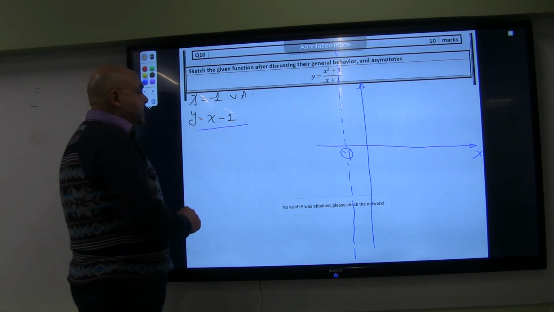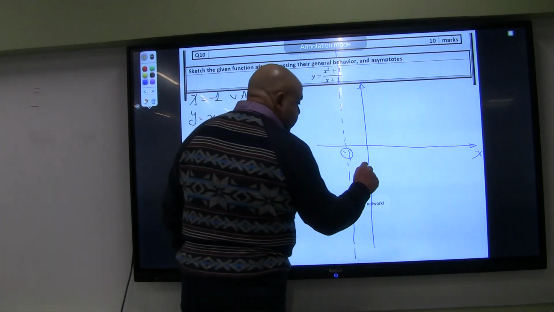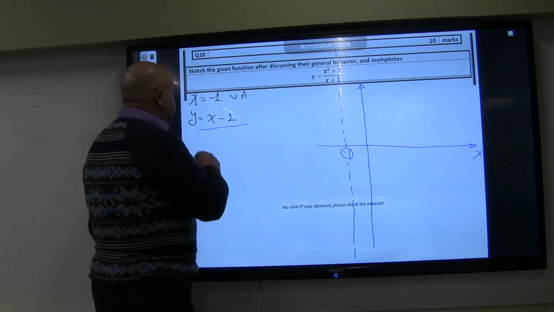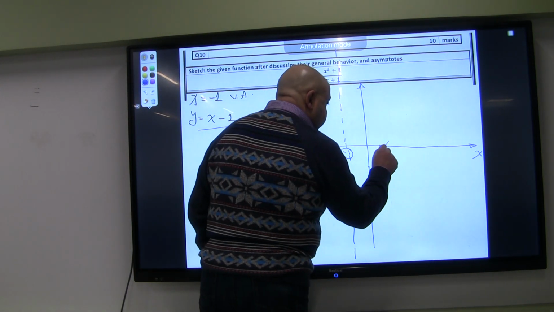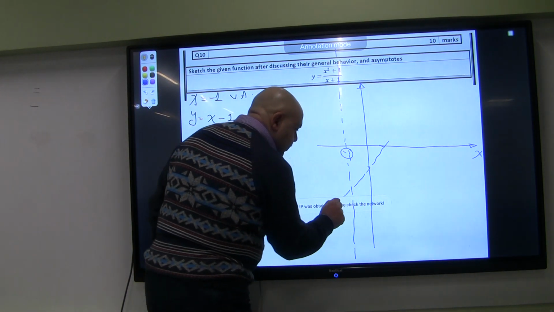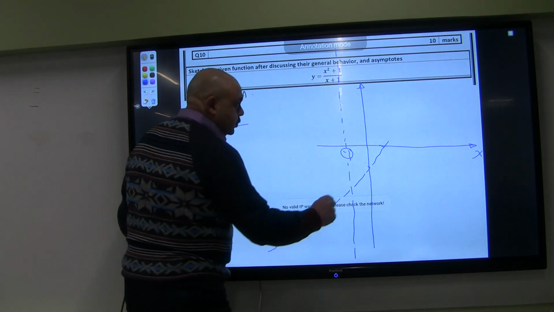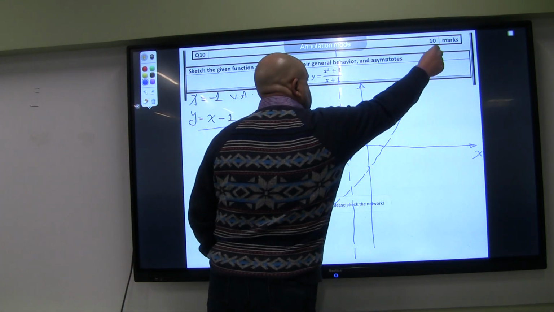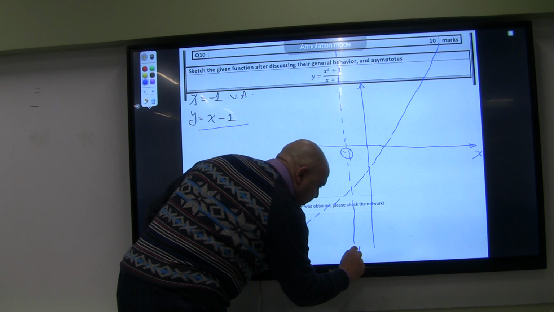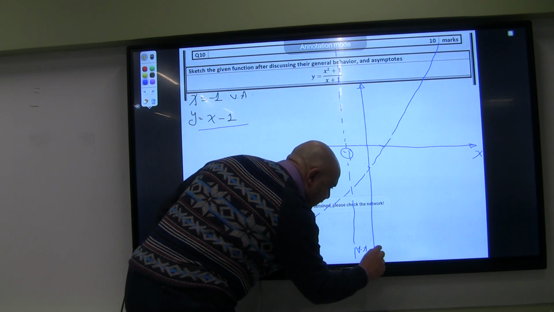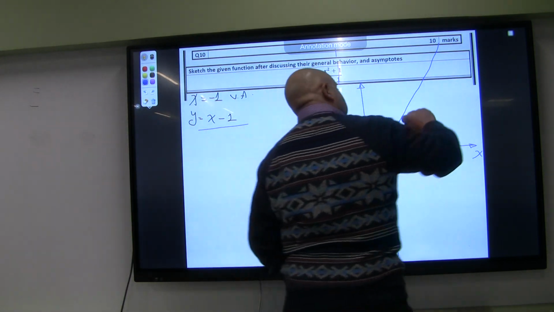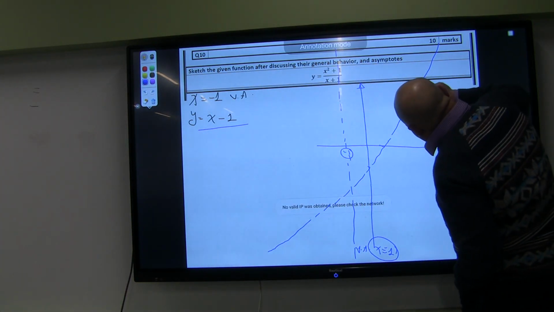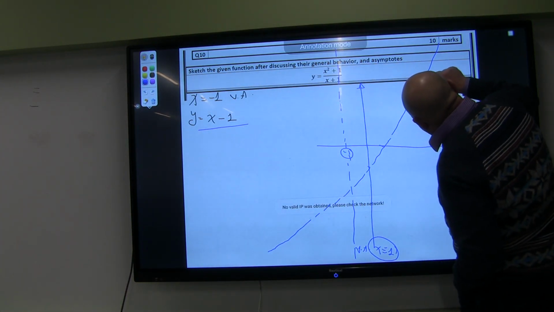Inserting x equal to 0, y is going to equal -1. And if we put y equal to 0, x is going to equal +1. So this is the inclined asymptote. Now we have a vertical asymptote at x equal to -1, and we also have an inclined asymptote at y equal to x minus 1.